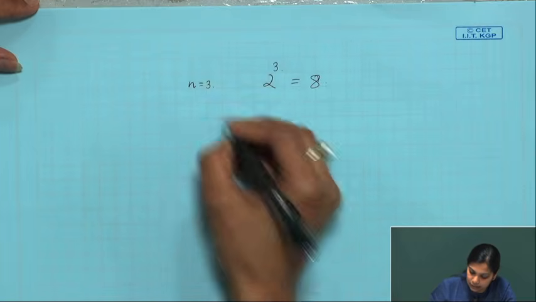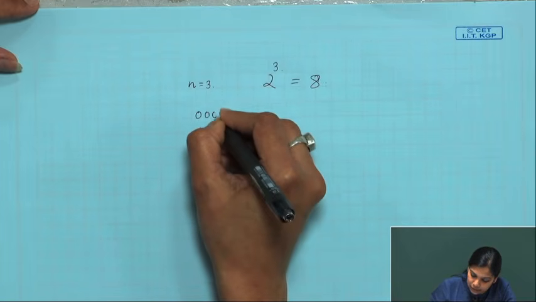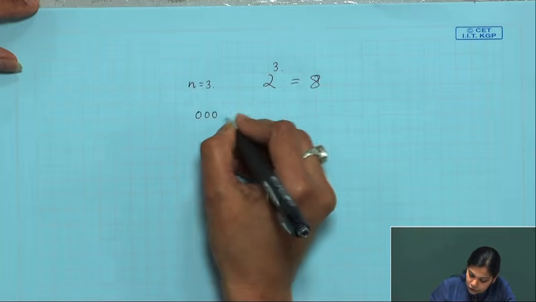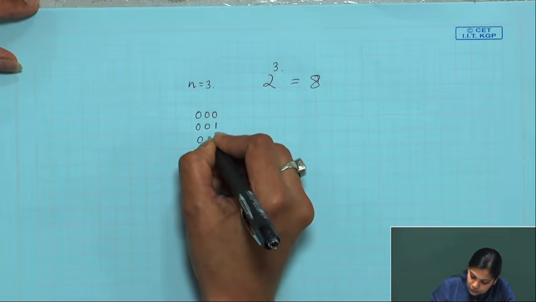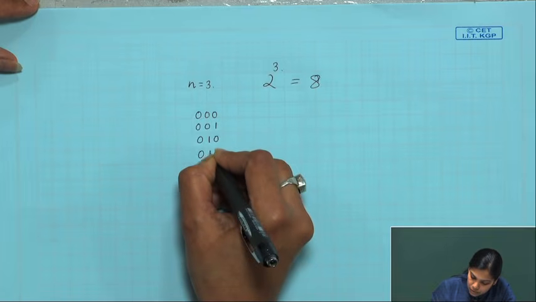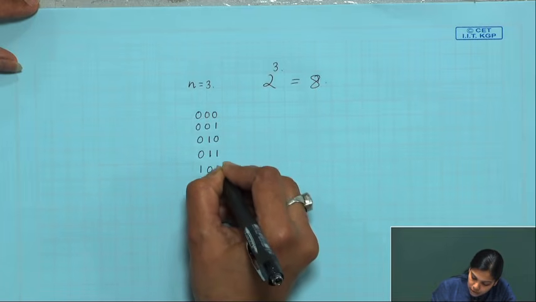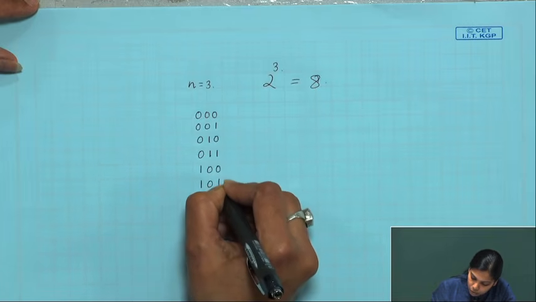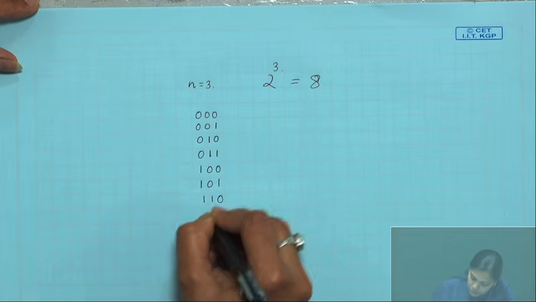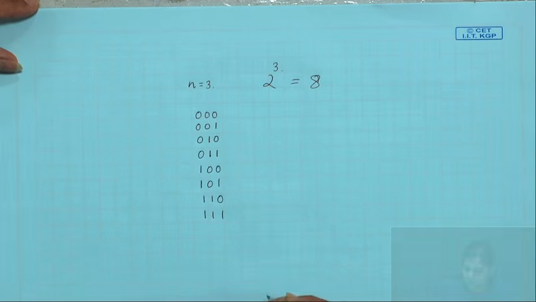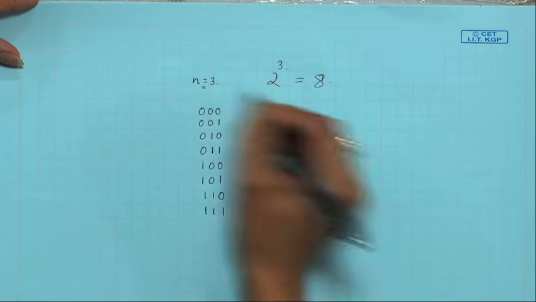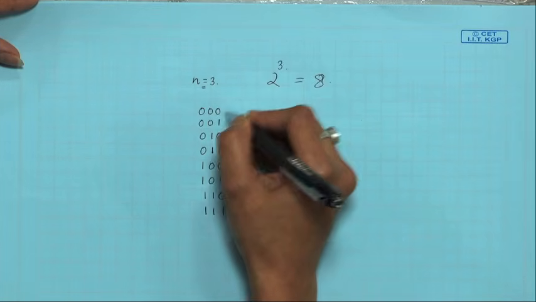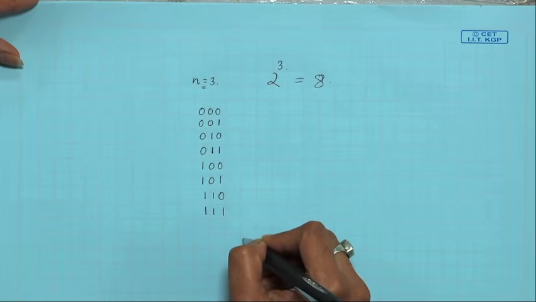The first location will be 000, the next 001, then 010, 011, 100, 101, 110 and 111. So, with n bits we can have 2 to the power n locations that can be accessed.